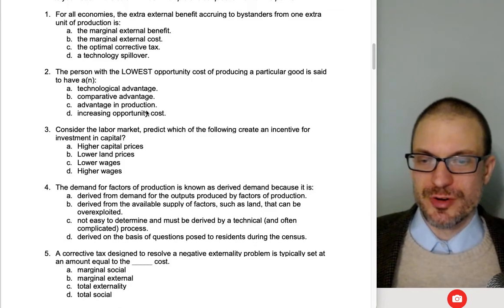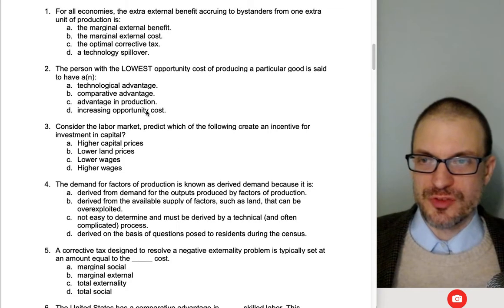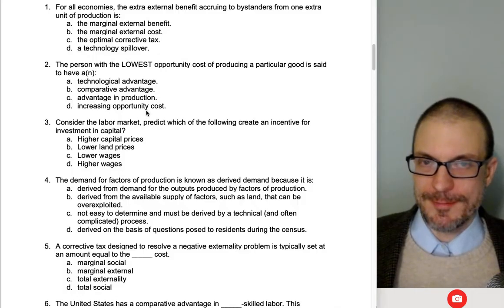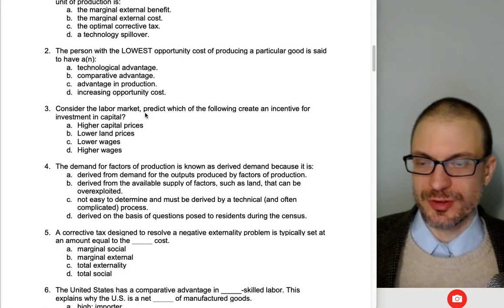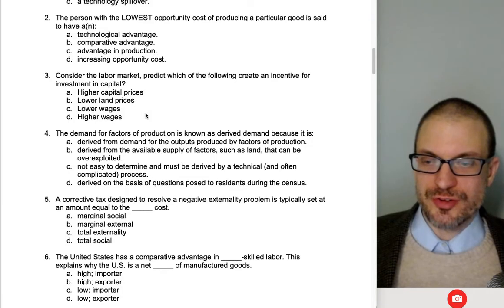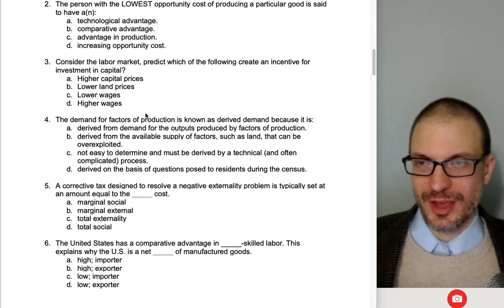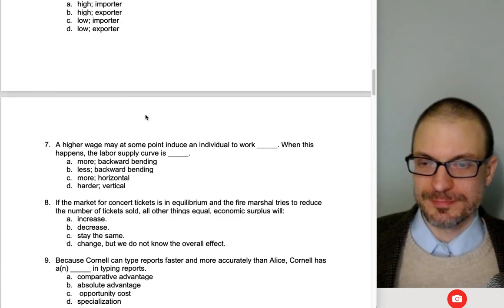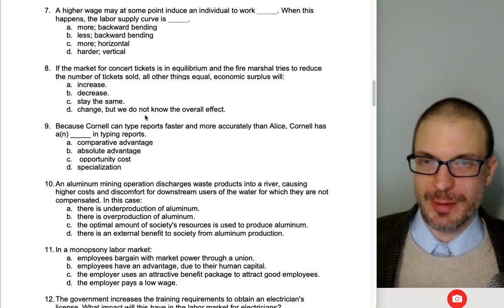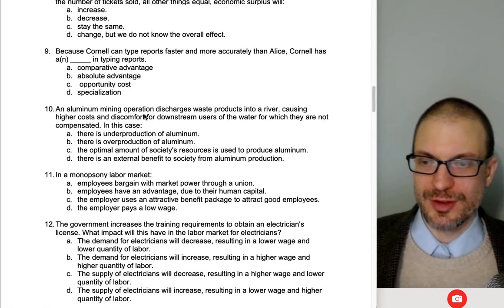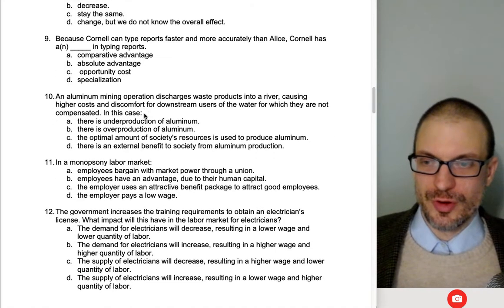The exam covers gains from trade, comparative advantage, international trade, consumer and producer surplus, efficiency, externalities, public goods, labor demand, labor supply, labor equilibrium, min wage, and so on and so forth.